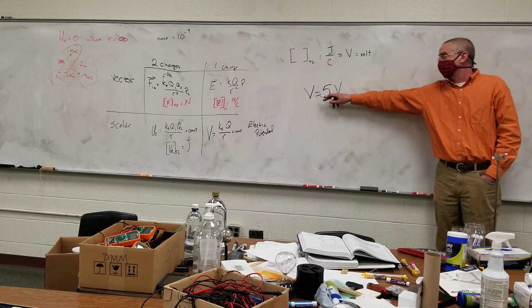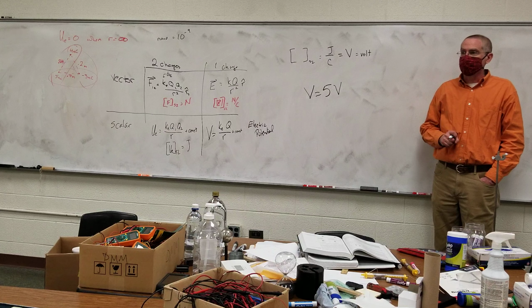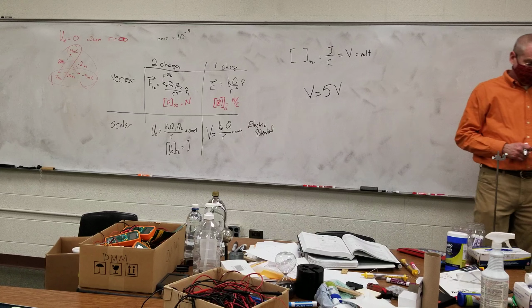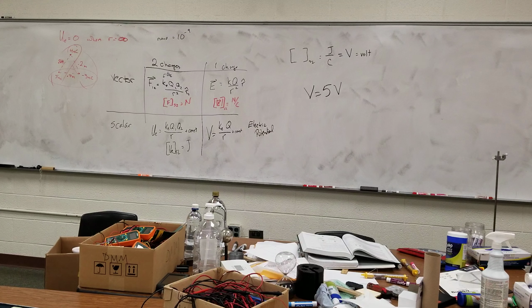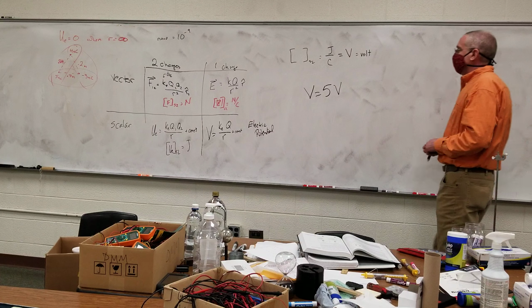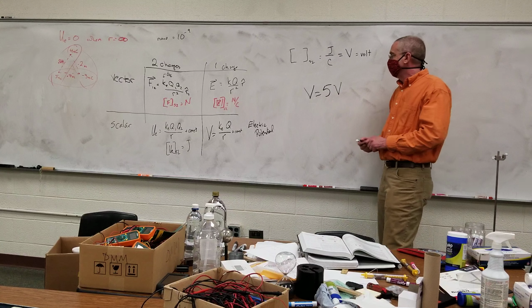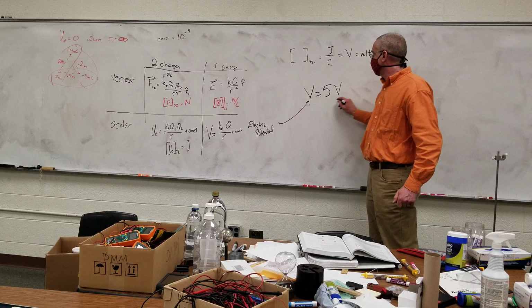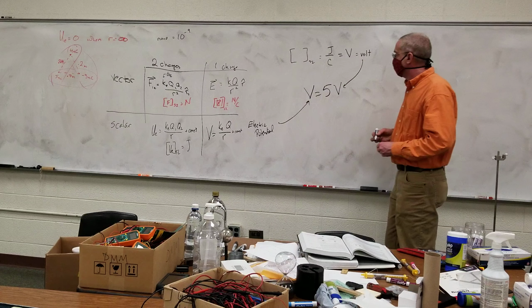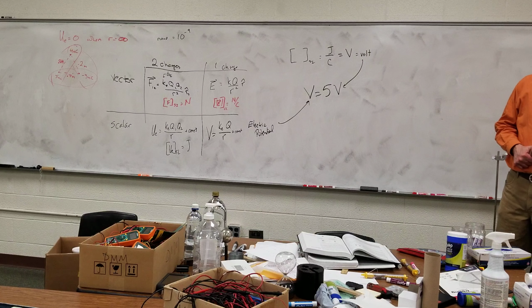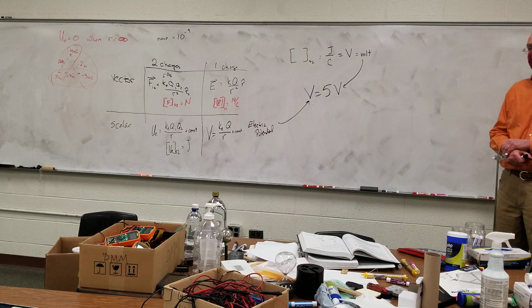In physics, the electric potential equals 5 volts. So from context, you need to realize these two V's do not mean the same thing. So this is electric potential, and this is volt. Usually the big clue is that the unit comes right after a number.